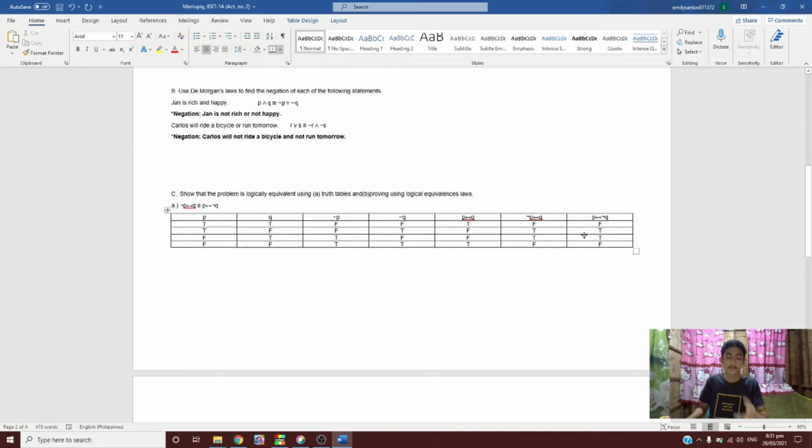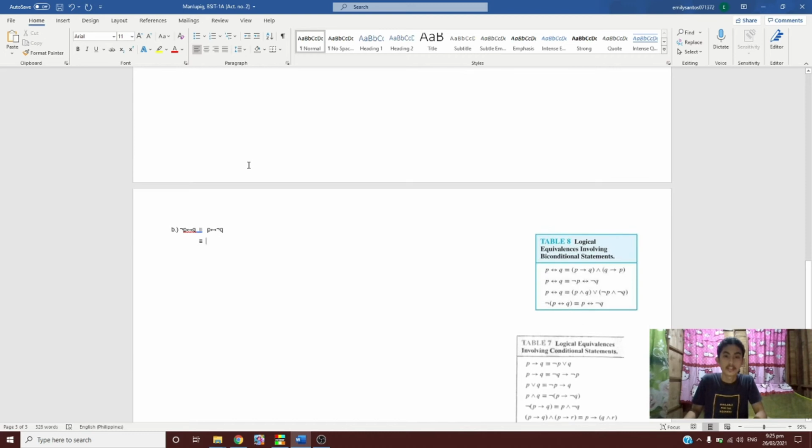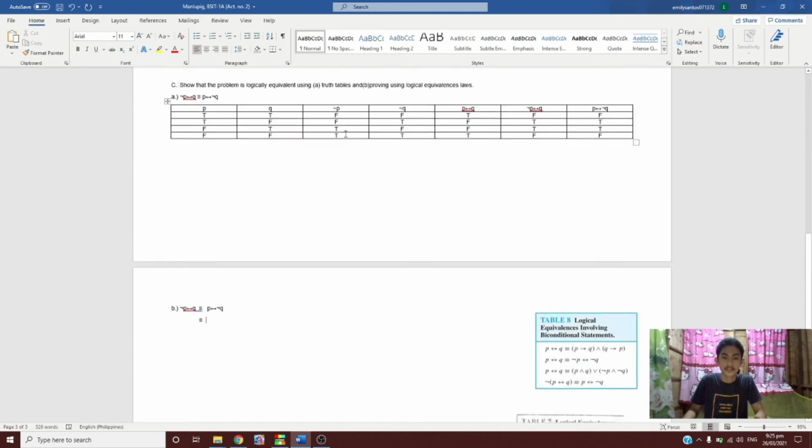So in this part we can really say that it is logically equivalent. Next is using logical equivalence laws. So let's proceed. The next step is making sure both statements are equivalent by using logical equivalence laws.